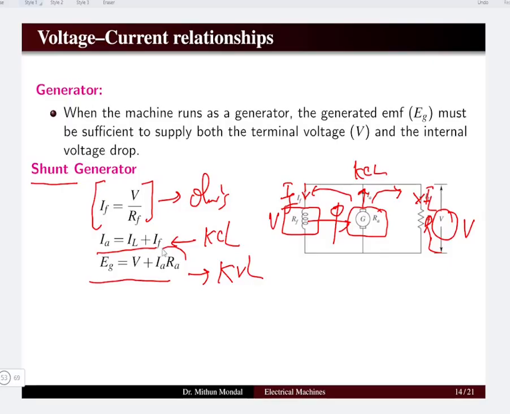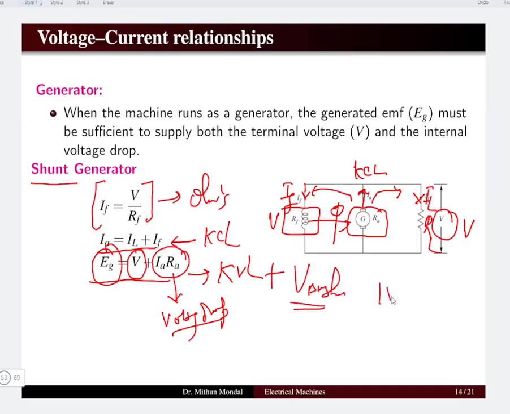This IaRa is the voltage drop across the armature, Eg is the generated EMF in the armature and V is the terminal voltage. There will be one more drop which can be included, which is the brush drop if it is present. Brush drop we usually take as 1 volt per brush, so the total will be 2 volt here in the brushes.